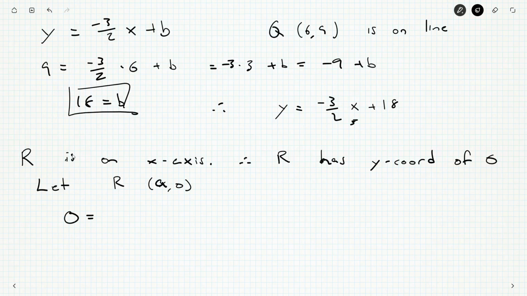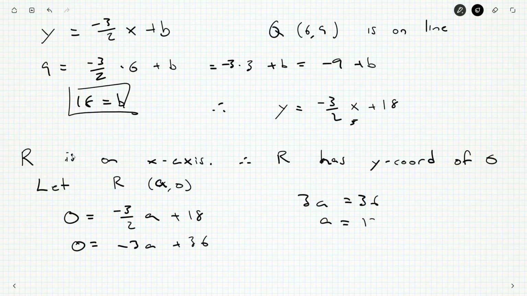So that tells me 0 is negative 3/2 a plus 18. Multiply everything by 2. Negative 3a plus 18 times 2 is 36. We'll bring the negative 3 over to the other side. 3a is 36. Divide by 3. a is 12. So R is at (12, 0), not (0, 12).